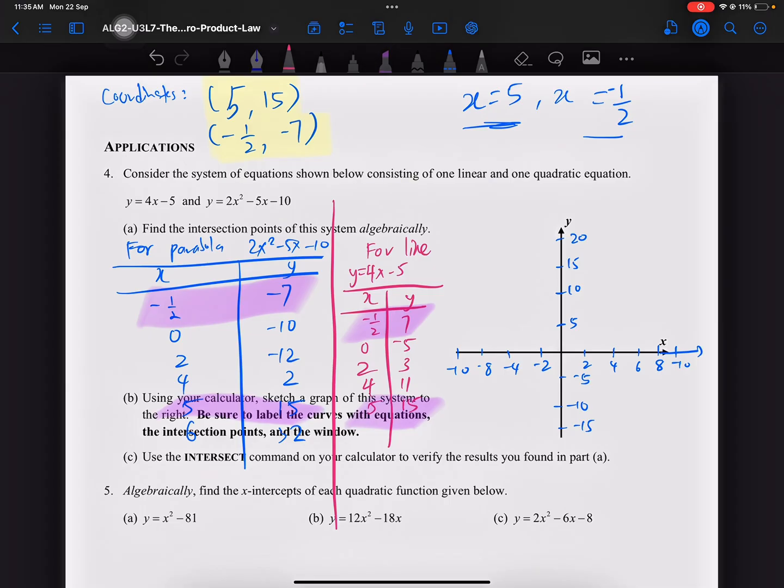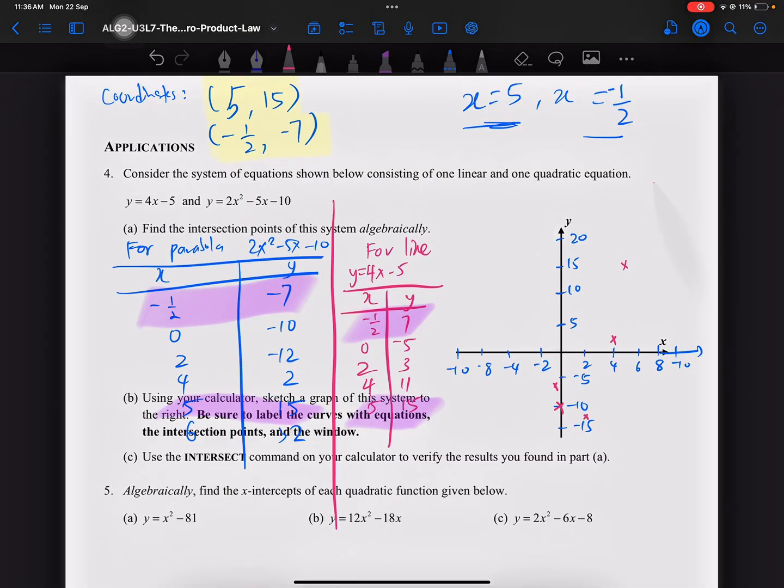So for the curve, negative half x, negative 7; 0, negative 10; 2, negative 12; 4, 2; 5, 15; 6, 32.